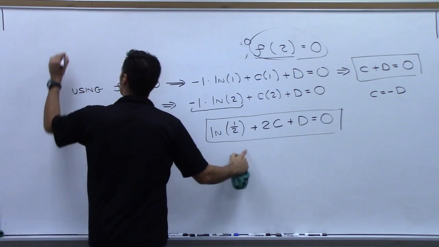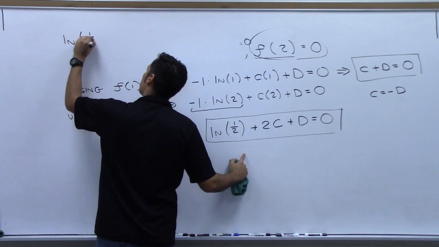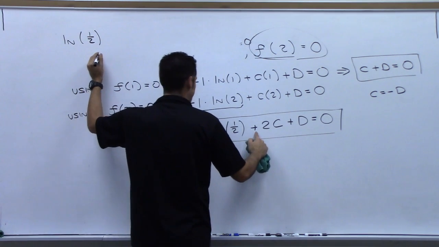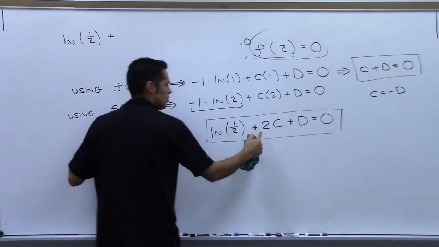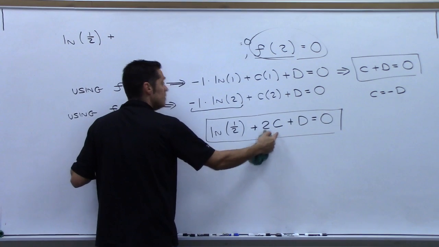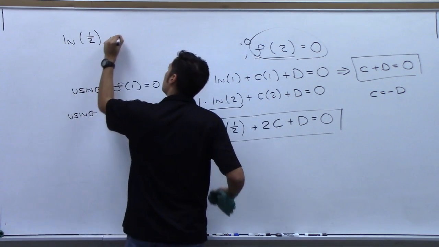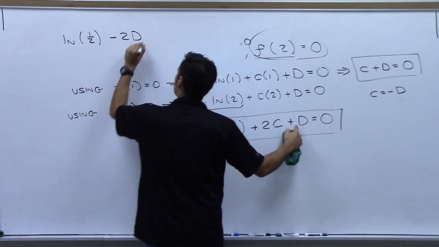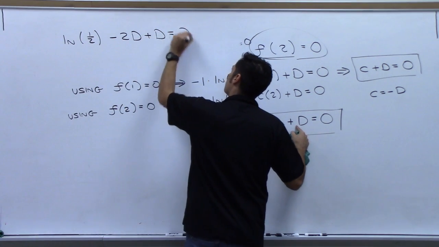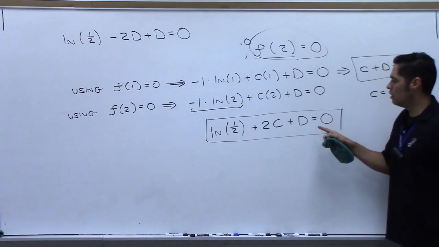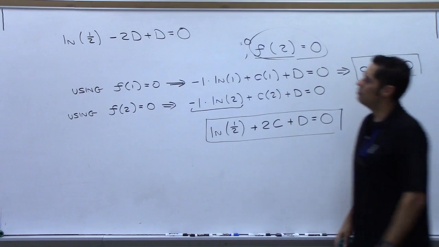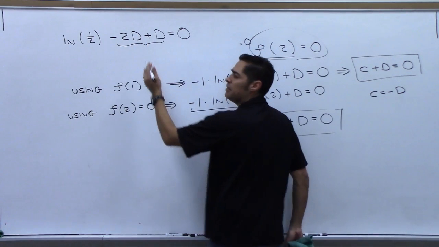So I'm going to replace c with -d. Natural log of 1/2 plus, or actually, when I replace c with -d, it'll become -2d plus d equals 0. Everyone following what I'm doing? And then now just put these two together. That's -d, right?